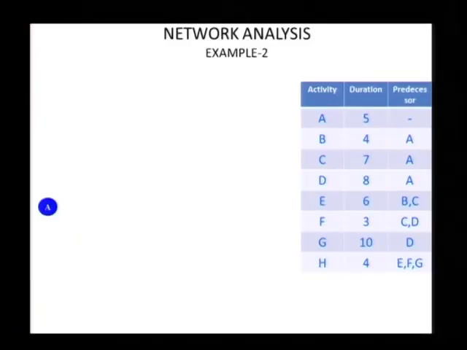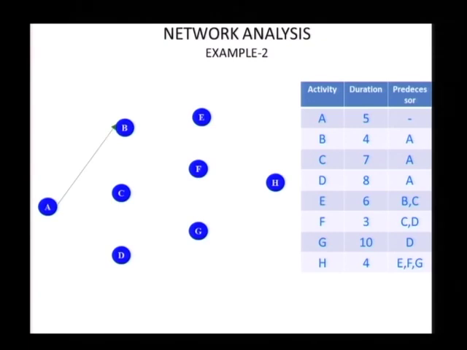So I have activity A, B, C, D, E, F, G, H. So my relationships are, B follows A. These relationships are seen by wherever I have this. So I have B, C and D with A as a predecessor.